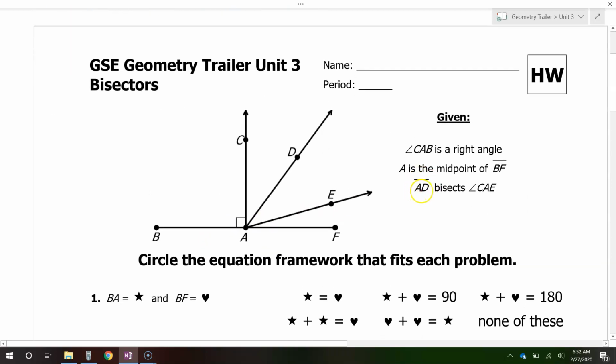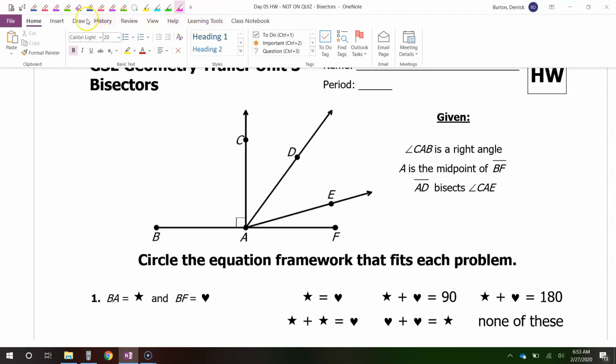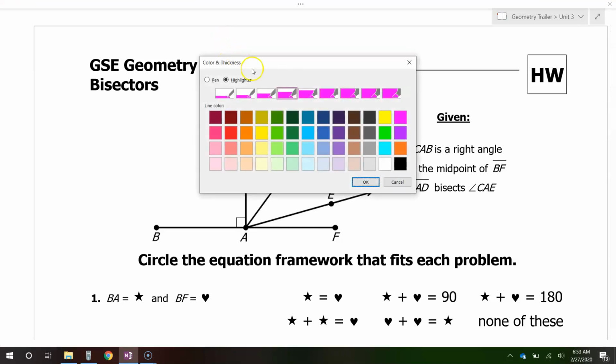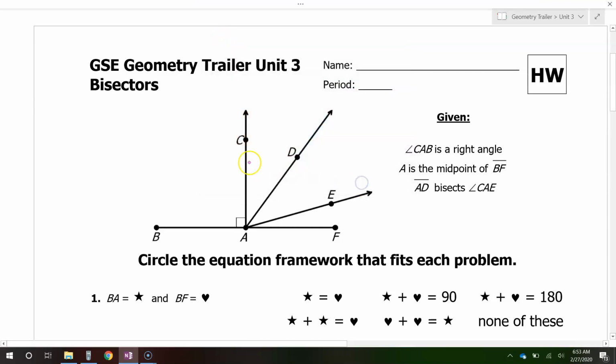Finally, they tell us that segment AD bisects angle CAE. Bisect means to cut exactly in half. So where is angle CAE? Here's angle CAE right here. Let me do this with a pen. Okay, here is angle CAE.